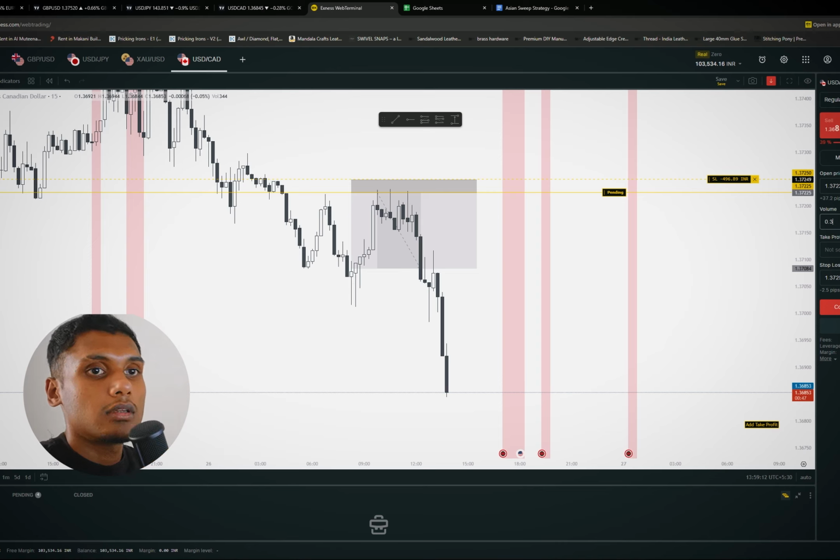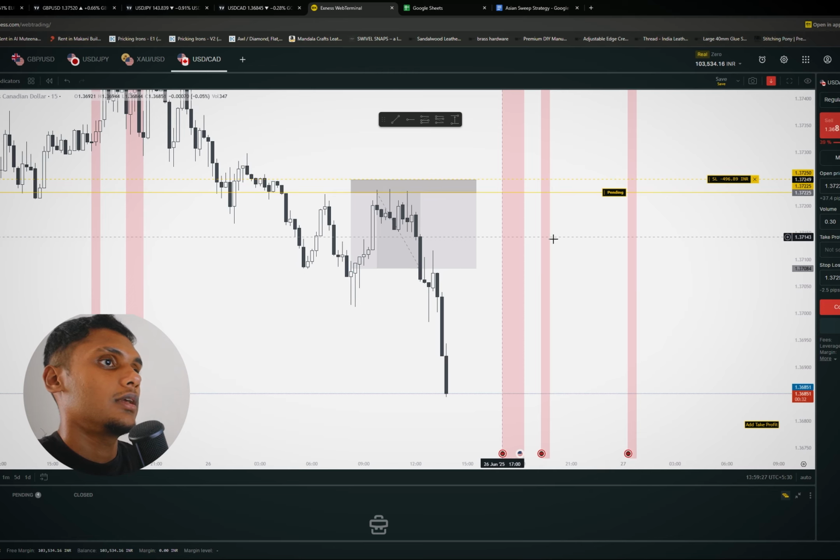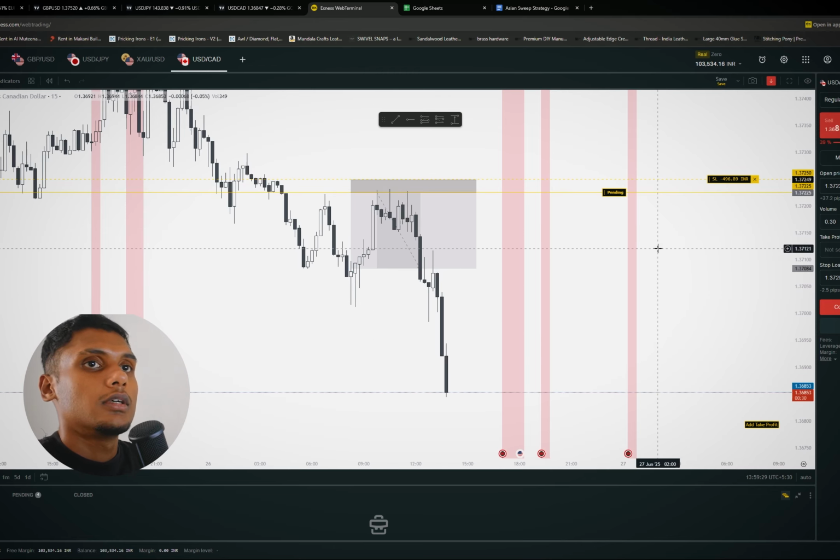If I win, I'll make 1000 rupees, and if I lose, 700 rupees. That's almost like 1:1.2 risk to reward. So I did not take the trade, and then guess what? It did exactly what it should.